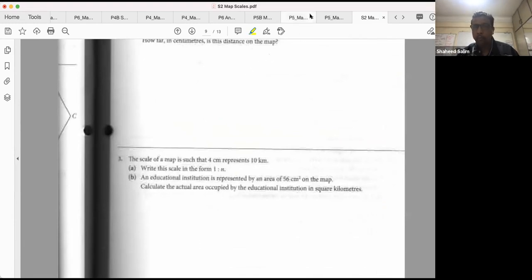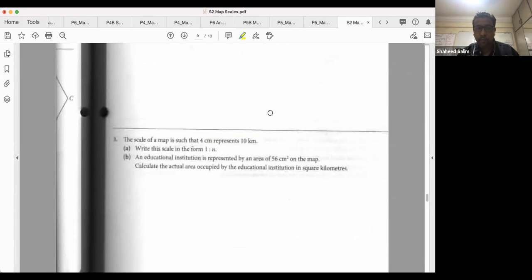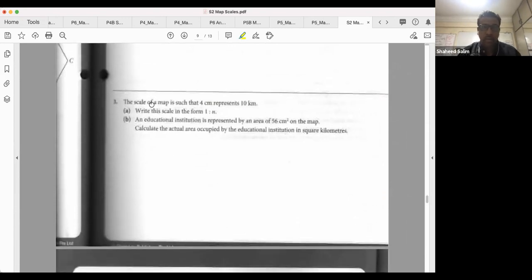Okay, you try now. Question 3. The scale of a map is such that 4 cm represents 10 km. You change it to linear. Yes, change it to the scale of a map. Then they ask you for area. Okay, go for it. You can do this. It means you have to create a scale for area.